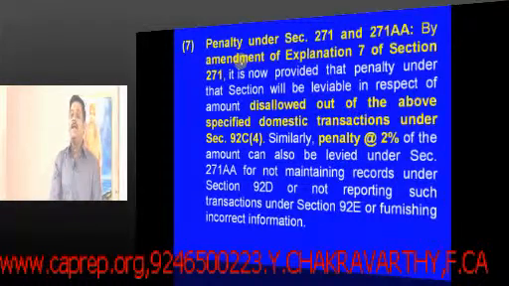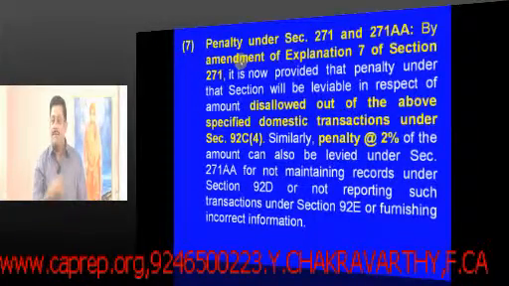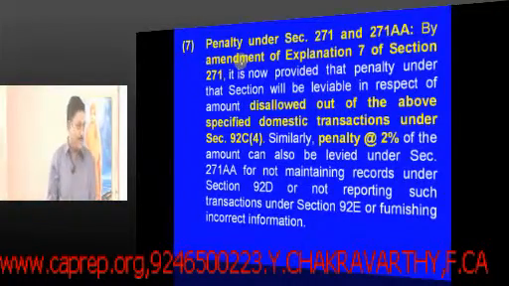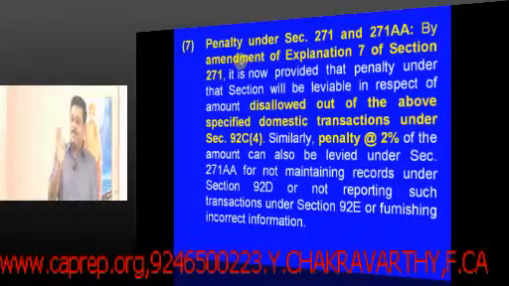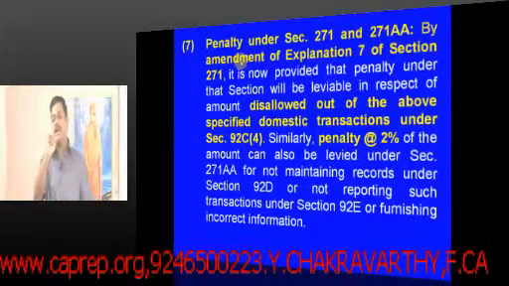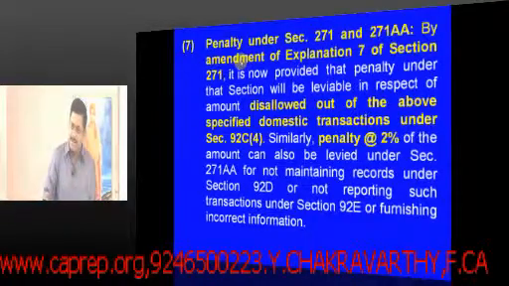So not maintaining is one thing; not providing the proper information, and our inability to check that, definitely puts us also into inconvenience. What I am trying to tell you is, for both these crimes, the Income Tax Act says that a 2% penalty can be levied.